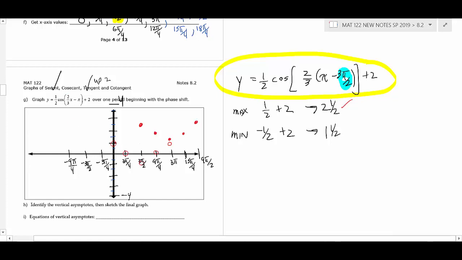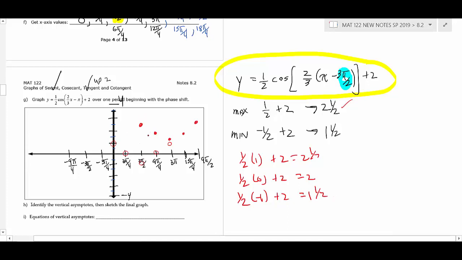What I'm really doing is phase shifting, then multiplying that y value by 1/2 and adding 2. The y value of 1, times 1/2 plus 2, takes you to 2.5. The y value of 0 on a basic cosine takes you to 2. The y value of negative 1 takes you to 1.5. You can do that in your head, or you can write it out if you need to.